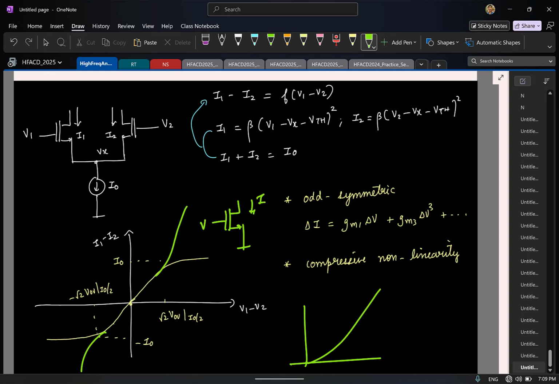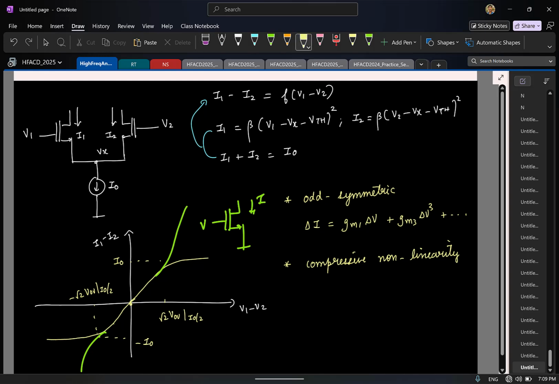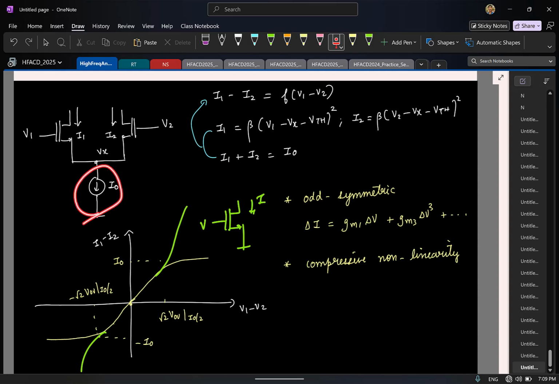But here in a differential pair like this, the characteristic is actually compressive. In circuits you don't always expect that the characteristic is compressive. You can also have expansive nonlinearity. Why is that happening here? That's because you have constrained it with a tail current. That's true.